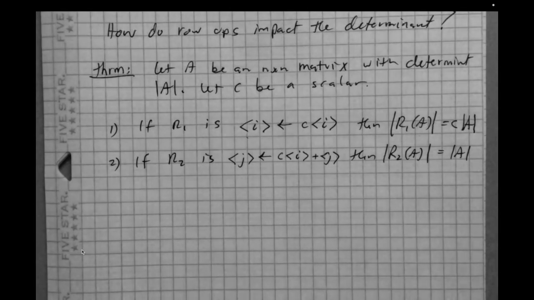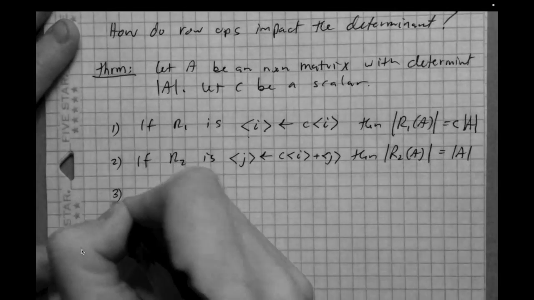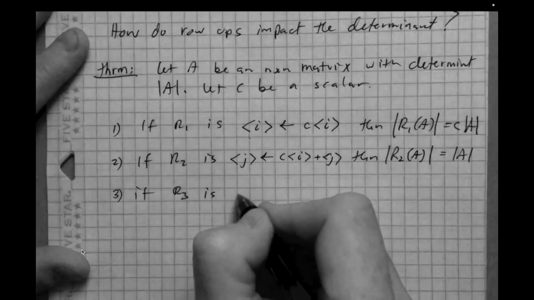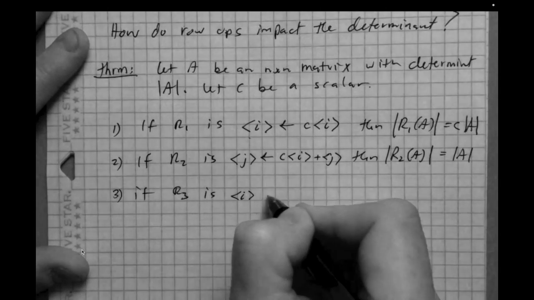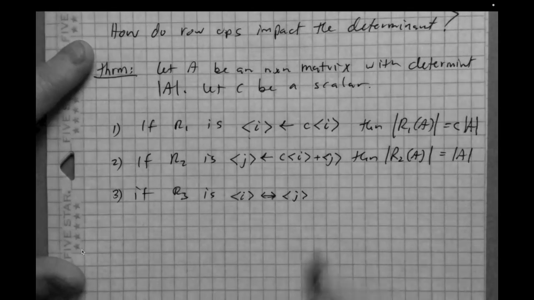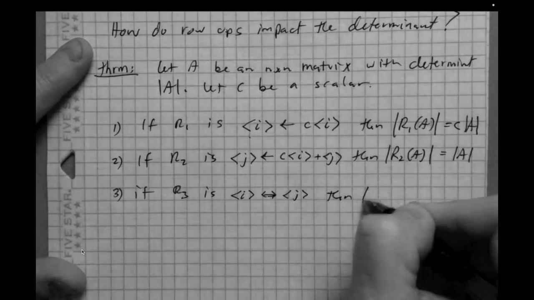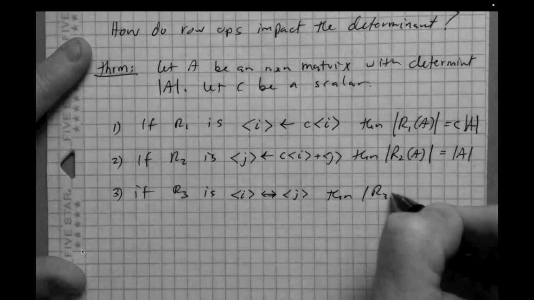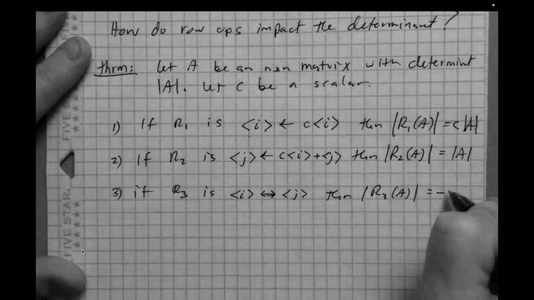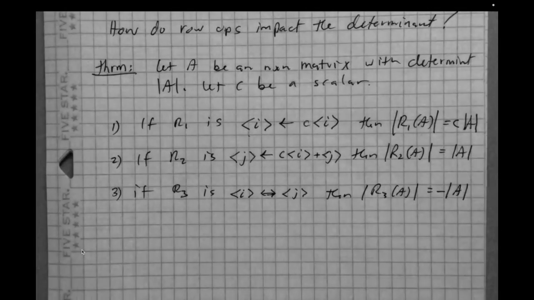A little surprising, but it turns out to be the case. And then finally, the third row operation, R3, is the swapping of two rows, swap i and j. Then the determinant of the resultant matrix is equal to the negative determinant of A.